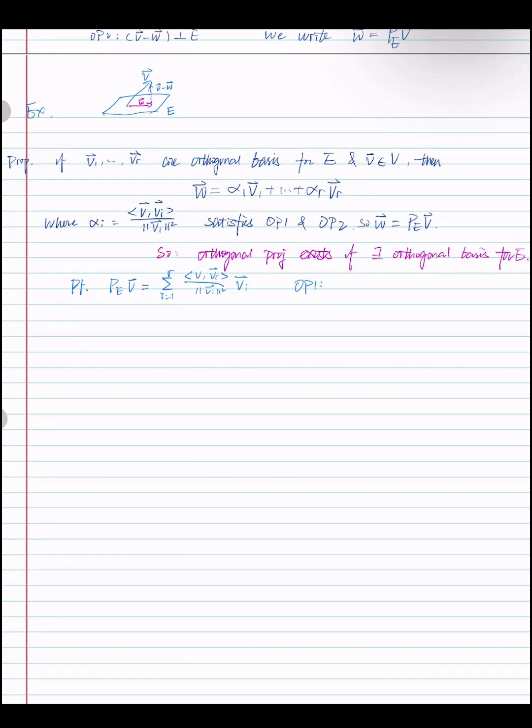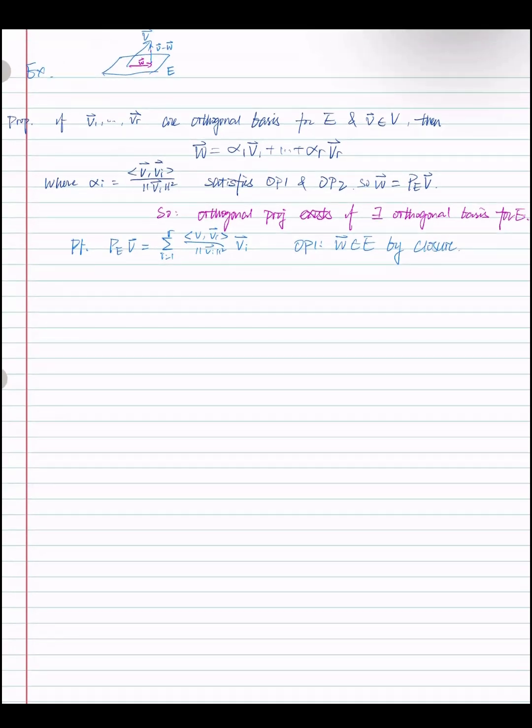I guess if it's a basis for E, if something is a basis for a subspace, it doesn't necessarily mean it's a basis for the vector space, right? It's not, but it can be part of a basis. Okay, yeah. So by closure of the basis vectors, okay.